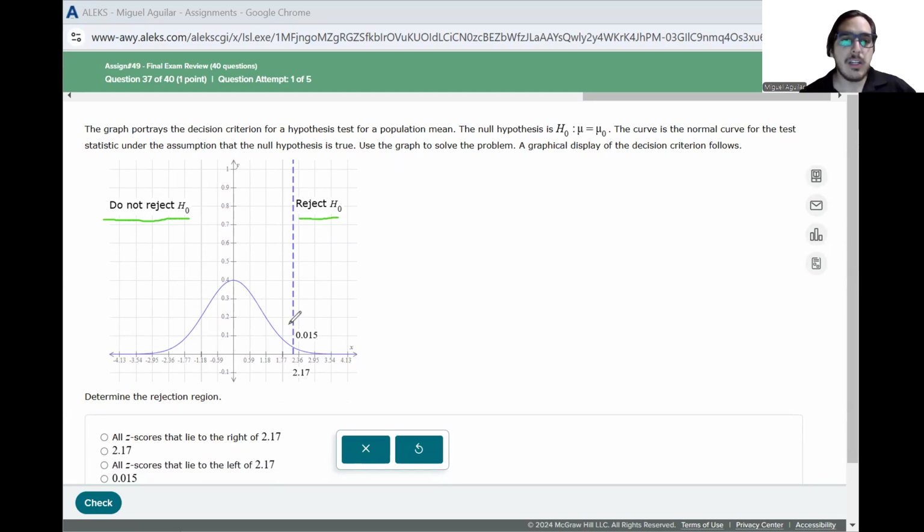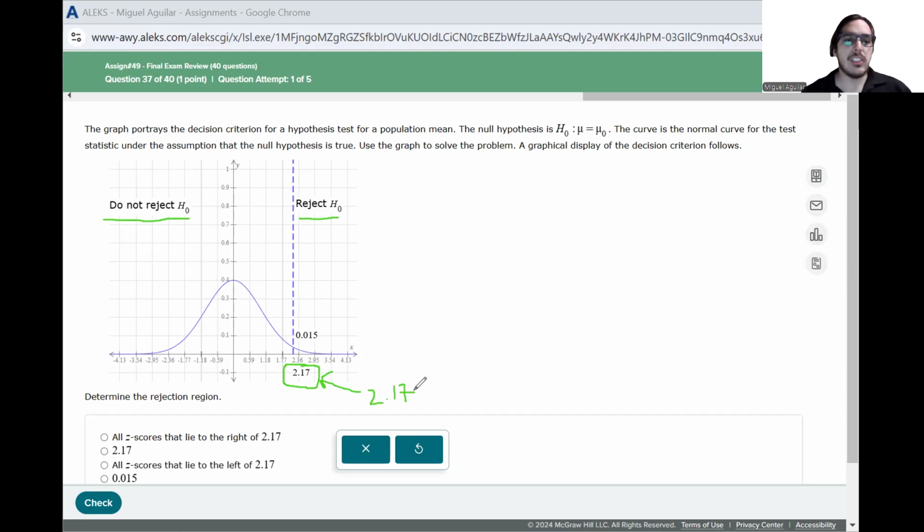And it looks like we have some cutoff value at this value here, which is a z value, which is 2.17. You might be asking why I'm rewriting 2.17. I'm just trying to figure out what's going on here.